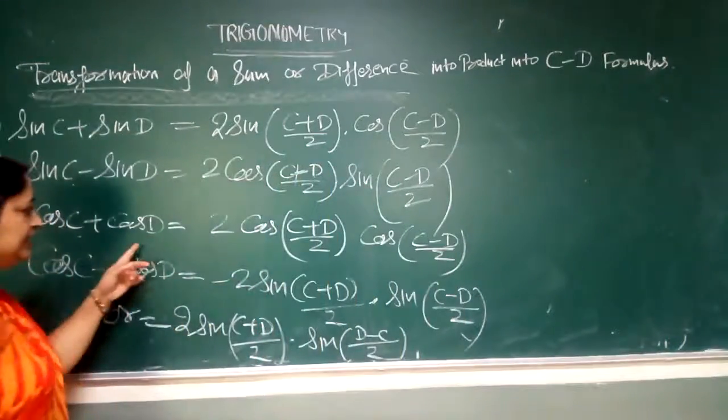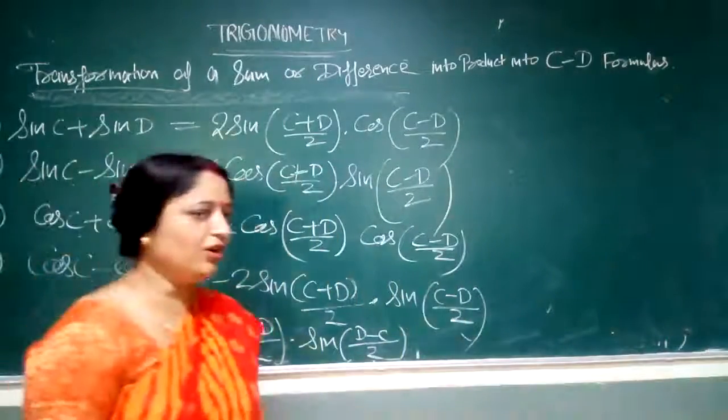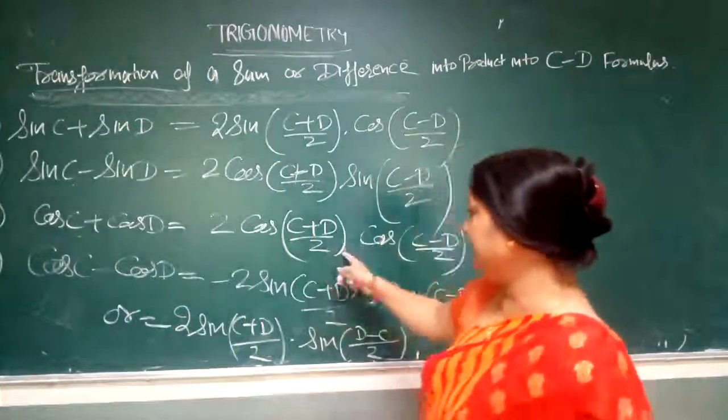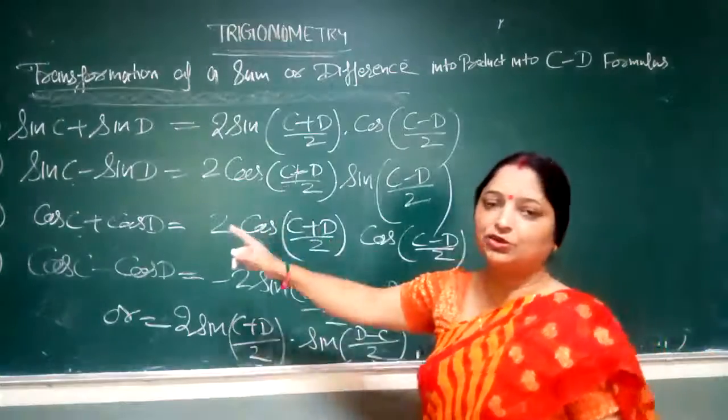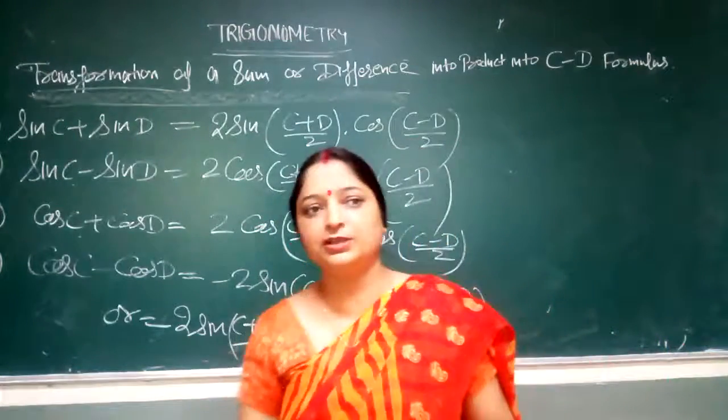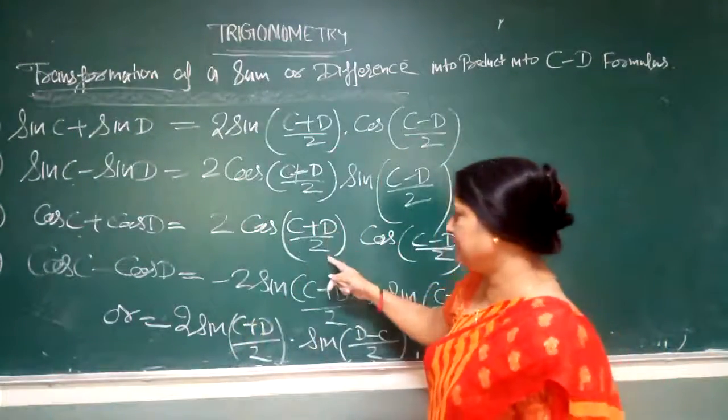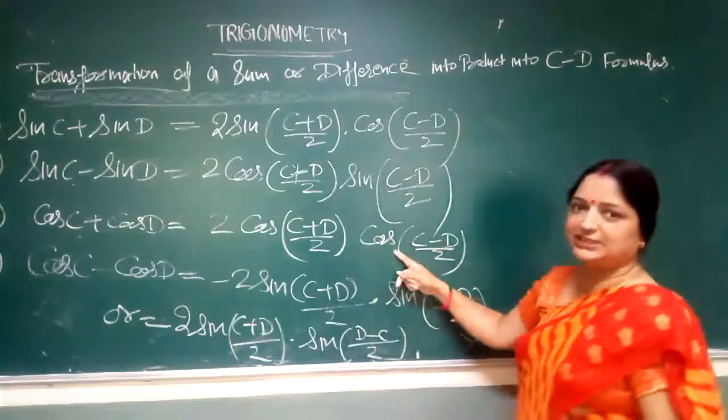After that, cos C plus cos D: in this the sign will come alone, cos will come alone. That is 2 cos (C plus D)/2 into cos (C minus D)/2.